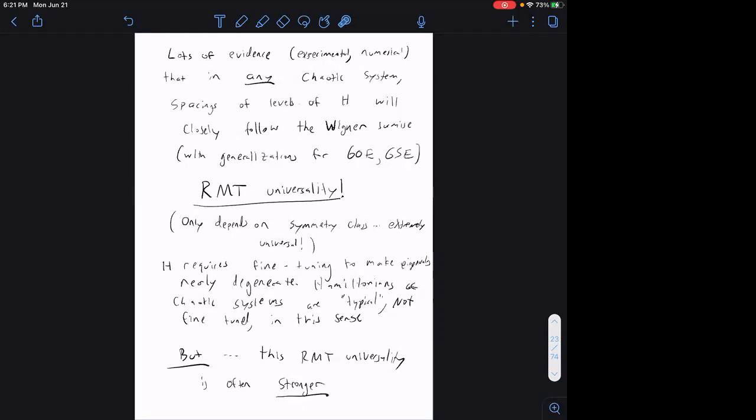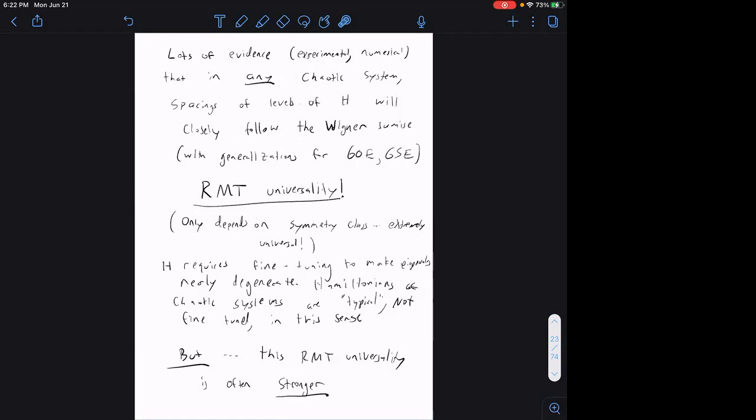So the rough idea is that by studying these random matrices, what we're seeing is that the matrix has to be very fine-tuned if you want these energy levels to be nearby. Generic matrices will have this eigenvalue repulsion. Their eigenvalues will not be too close.